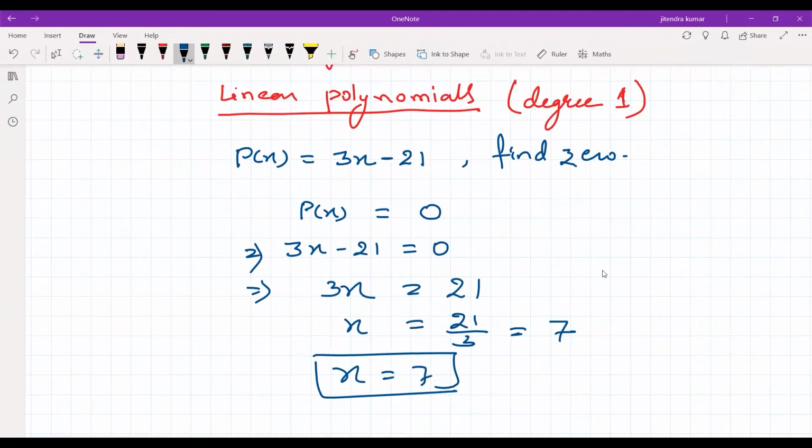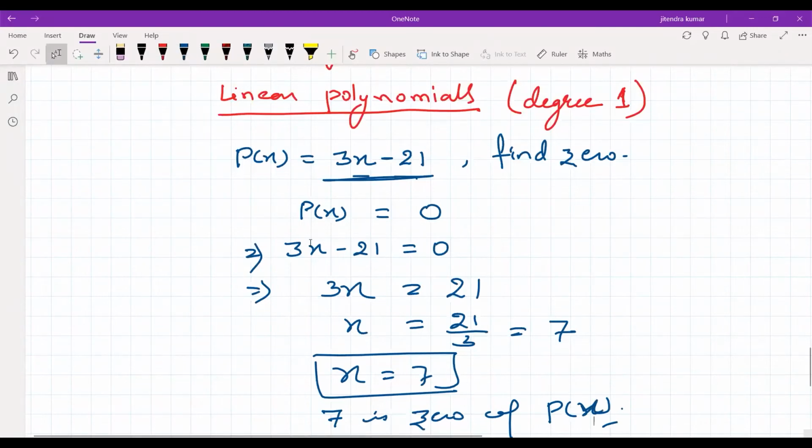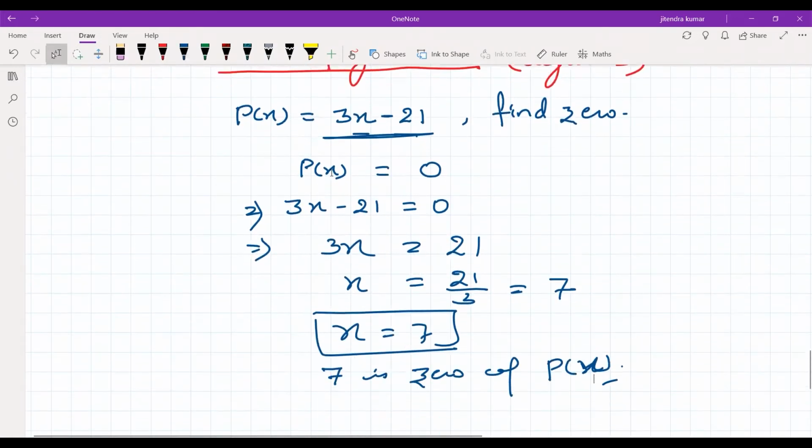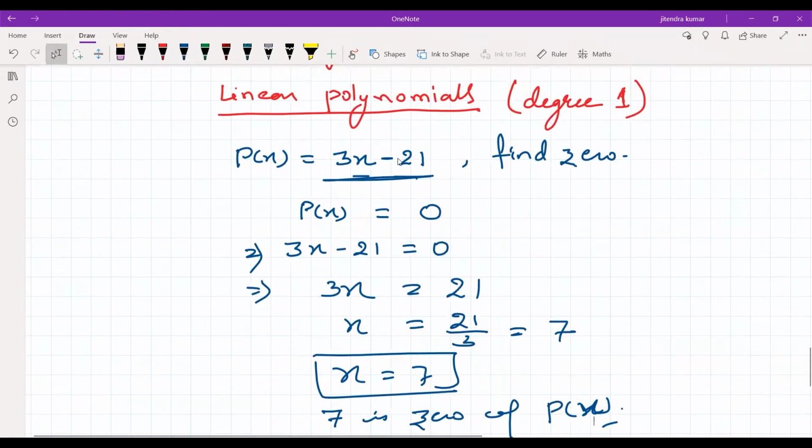This value of x is basically the zero of this polynomial. Okay, so you can write 7 is the zero of p(x).